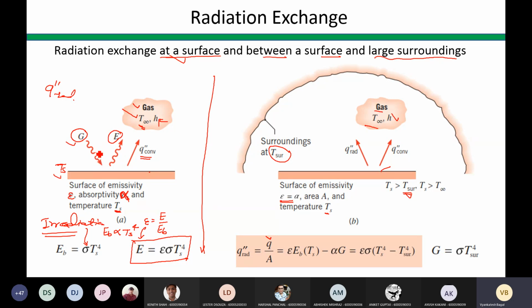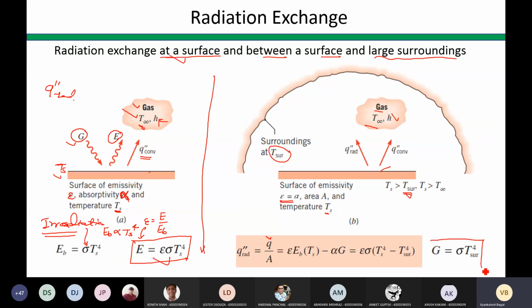What is irradiation? This is the total incident radiation falling on the surface. Part of it is absorbed, so alpha G is absorbed by this, where absorptivity is alpha. You have to deduct this from the emission which is going out. The emission going out is given by epsilon sigma Ts raised to 4, minus the absorbed radiation alpha G, where G is the irradiation.